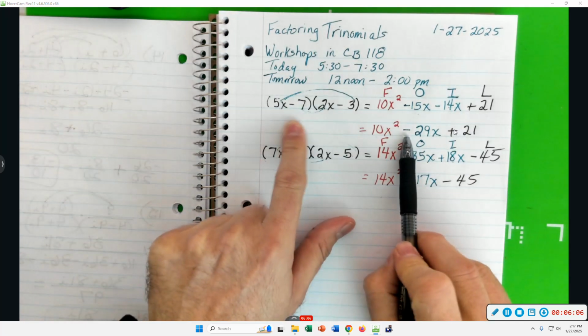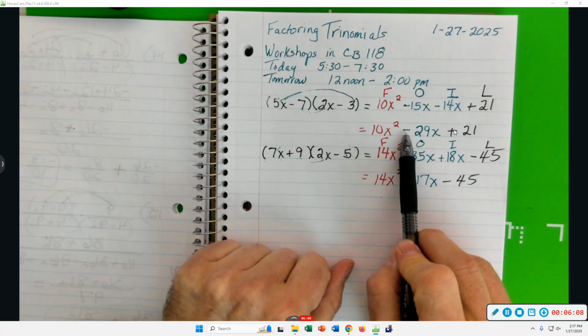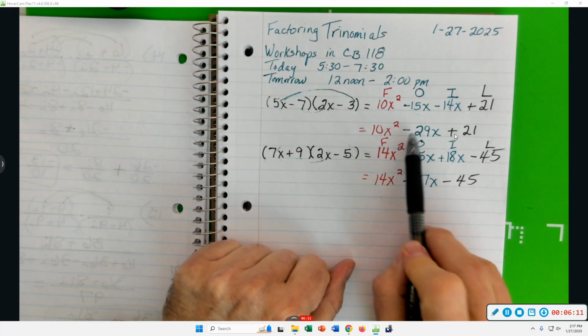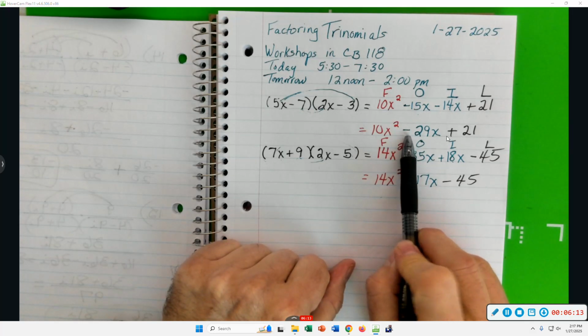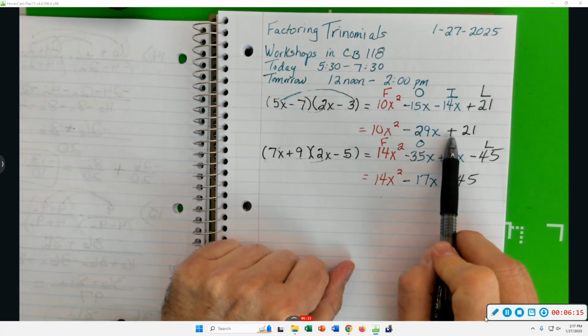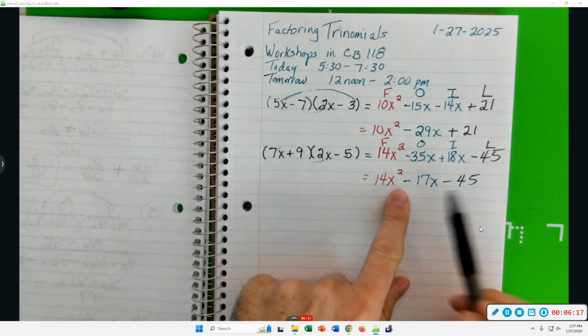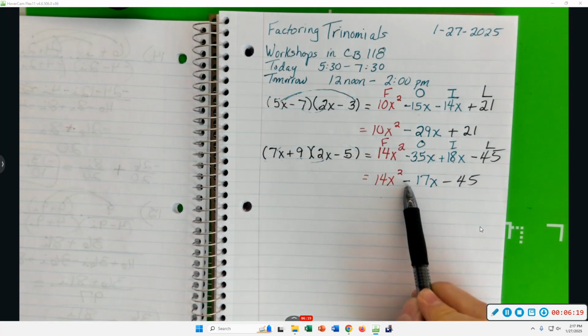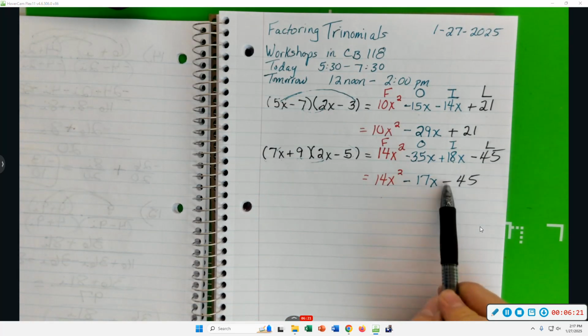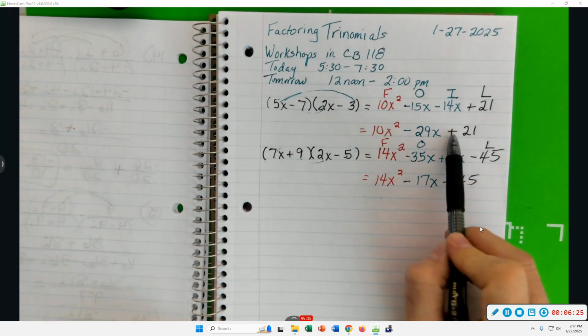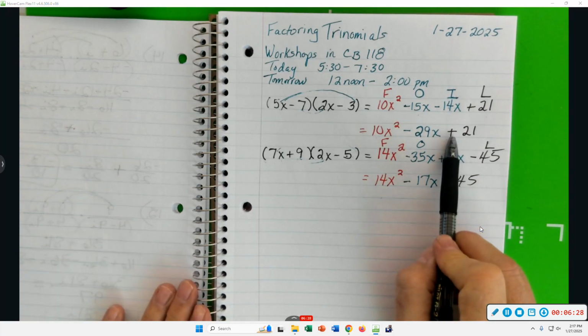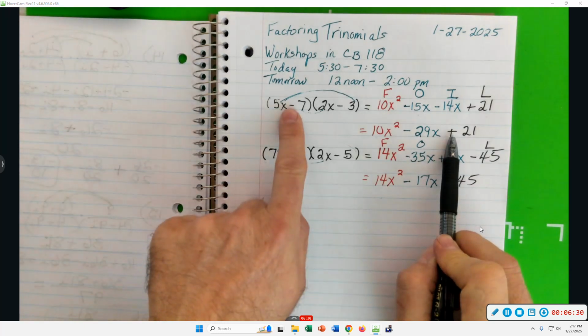I'm going to call this, the minus in front of the 29, the first sign, and this one right here the second sign. In general, if the second sign is plus, that means you need either plus plus or minus minus.